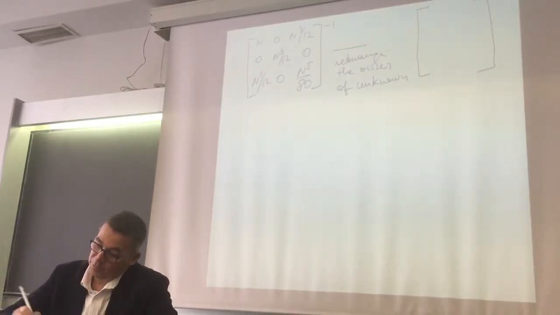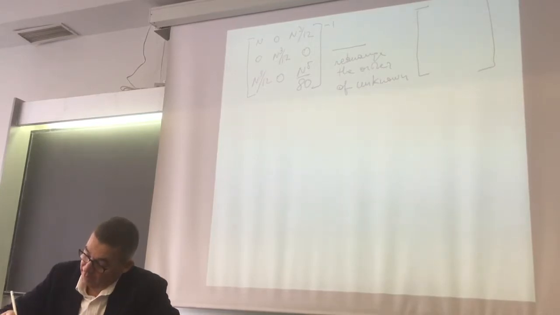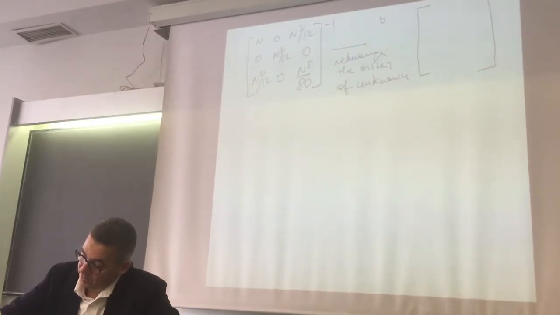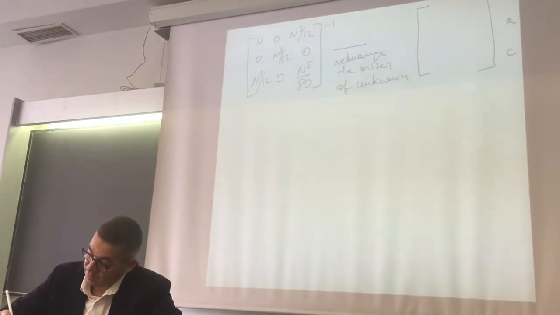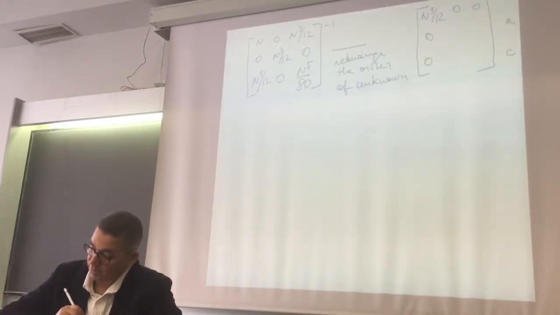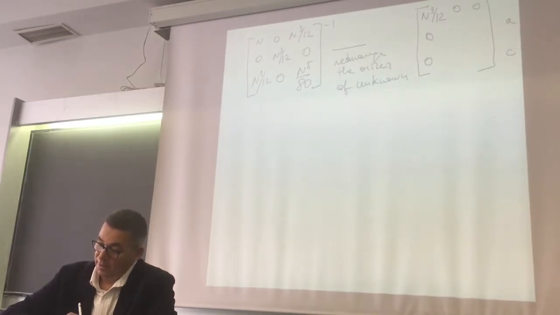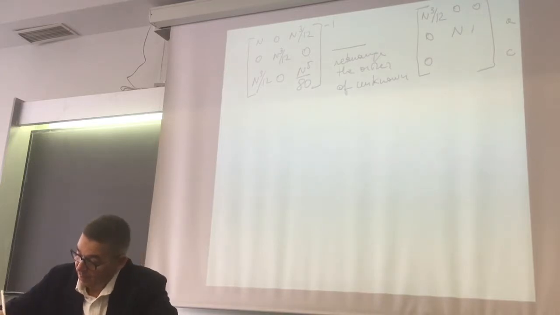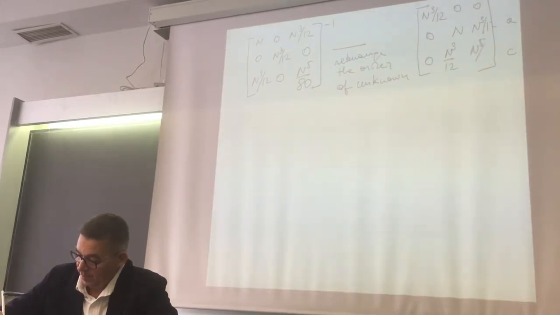Which means I am putting B here, then A and C. So it's n cubic divided by 12, then 0, 0, 0, 0, then I have n, I have n cubic divided by 12, n cubic divided by 12, and n to the fifth divided by 80.